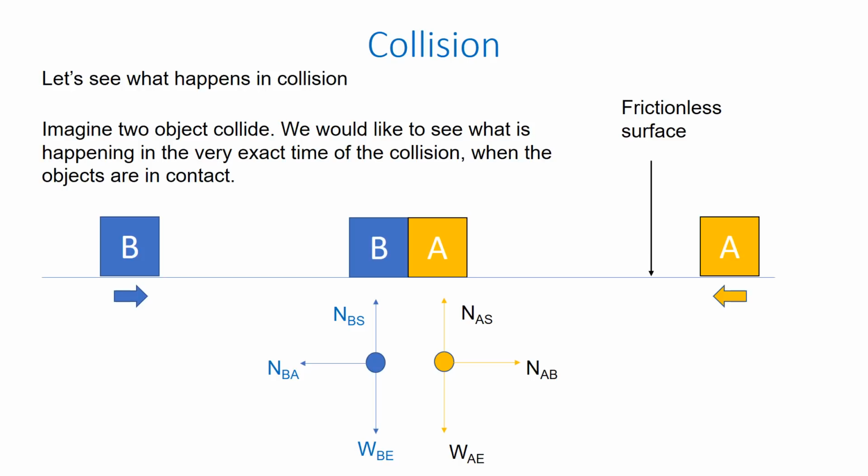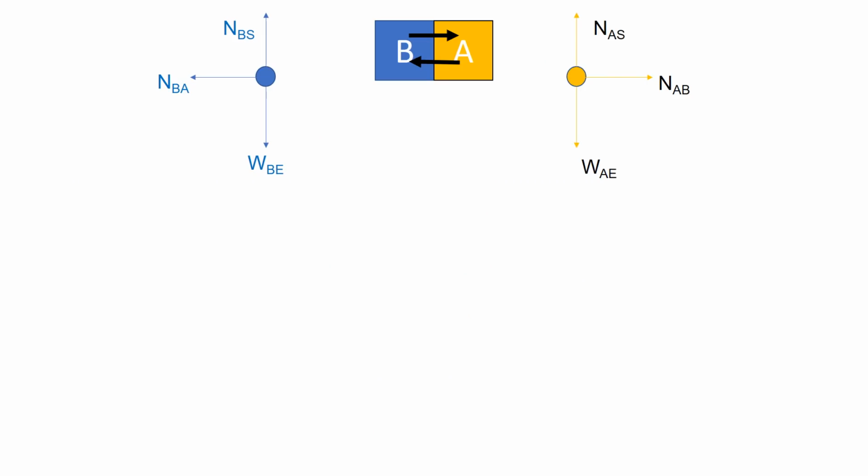For the blue, we have the gravitational force on block B by the Earth, the normal force on B by the surface, and then we have the normal force on B by block A. And then for the yellow one, we have the same thing, but we have the normal force on A by block B. So here is where the transfer of momentum happens.